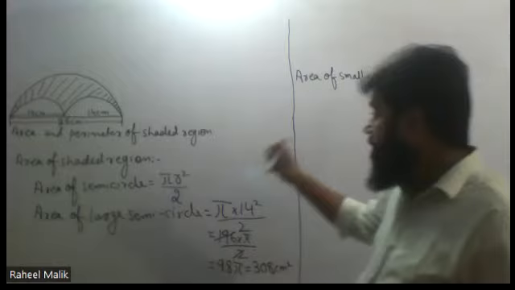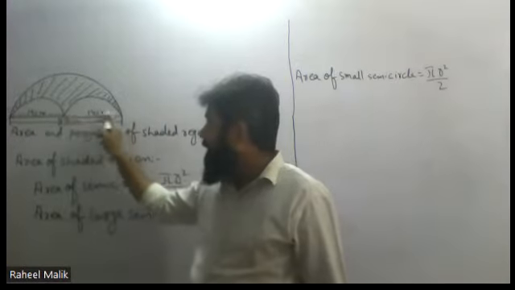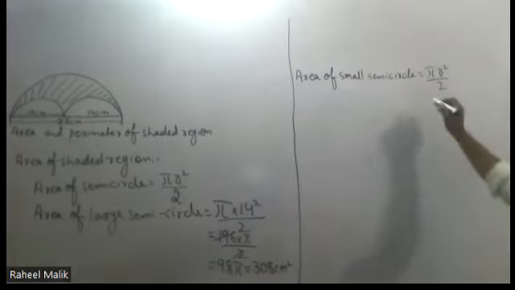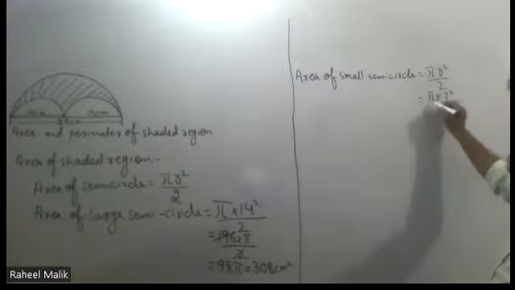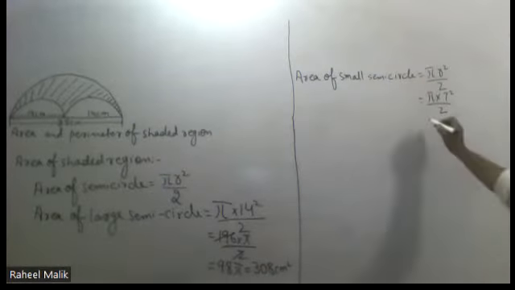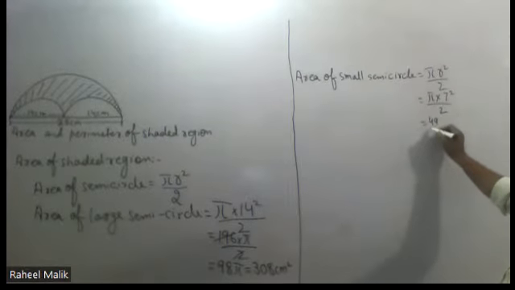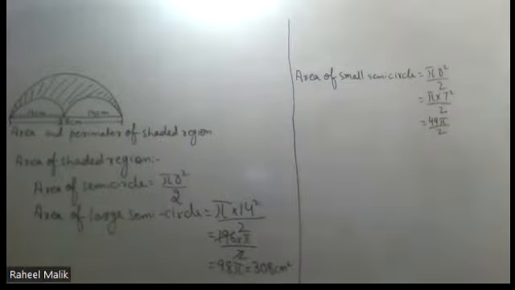But now, for the smaller one, what is the diameter given? Diameter is given 14. So I will take the half, which means pi into 7 square over 2. So when I simplify it, this will become 49 pi over 2.